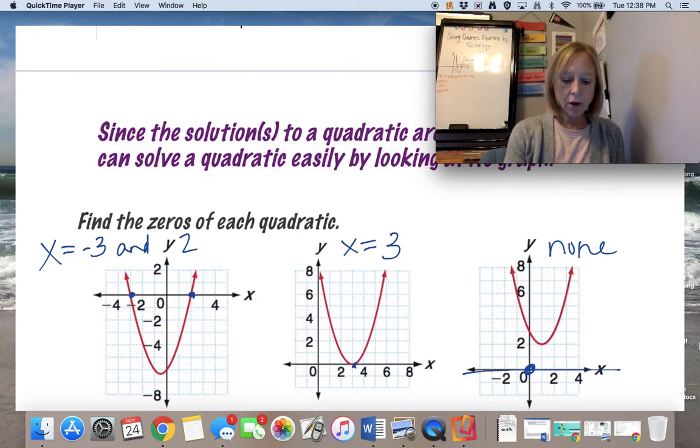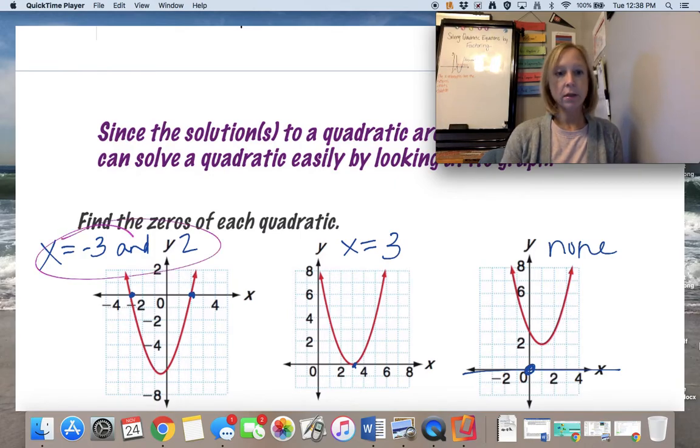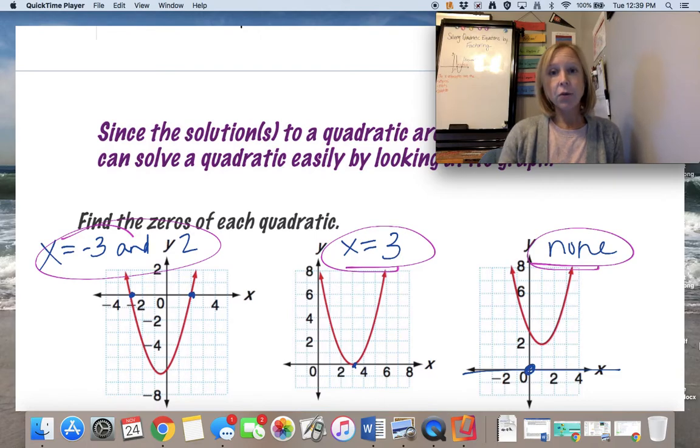So as we're solving these quadratic equations, you may have an equation that has 2 solutions, like we see in the first example, 1 solution, or no solutions. And any of those are valid answers because we can see all of these are parabolas.